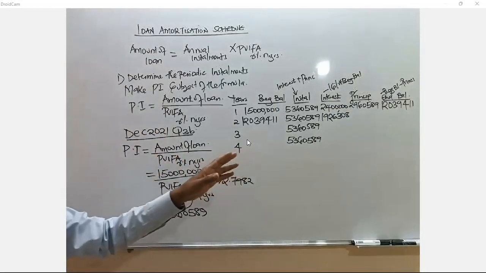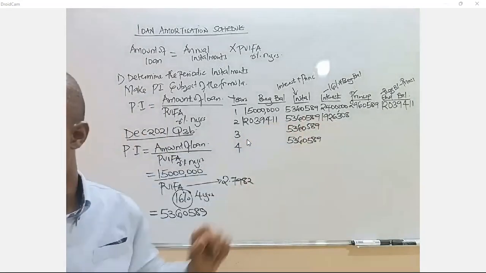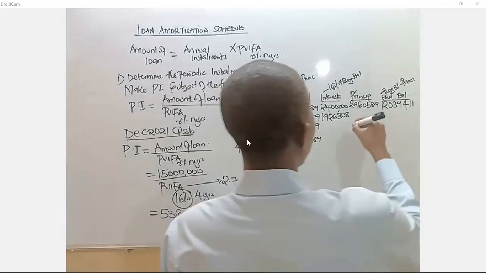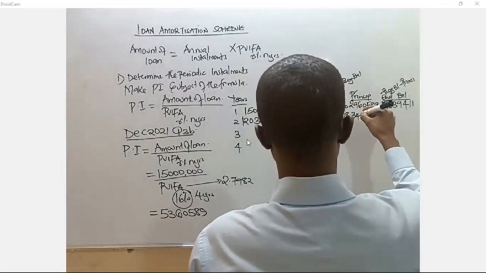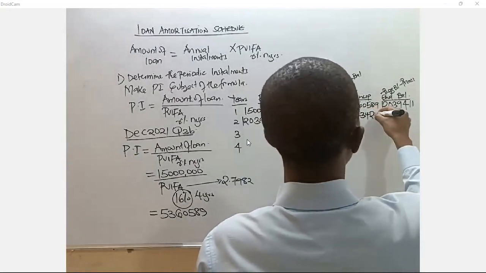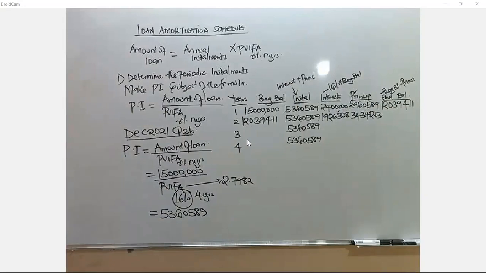We take the installment minus interest. So our installment is 5,360,589 minus my answer, and I'm getting 3,434,283.